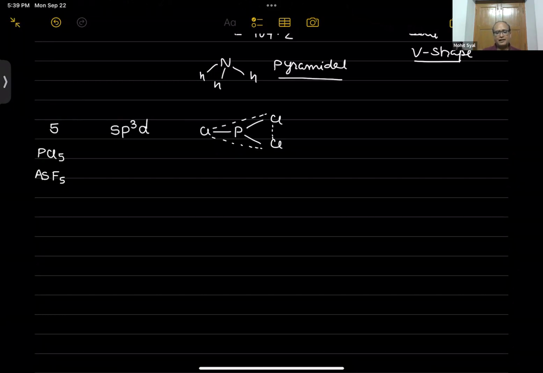This is trigonal planar, 3 of them in the plane, just like the blades of a fan. What is the angle between them? 120 degrees. If you see from the top, they will look like this.